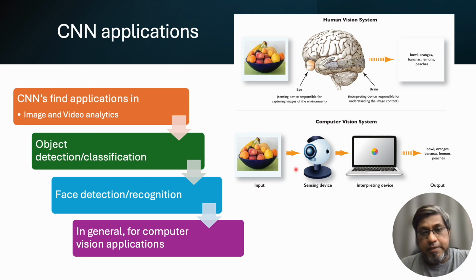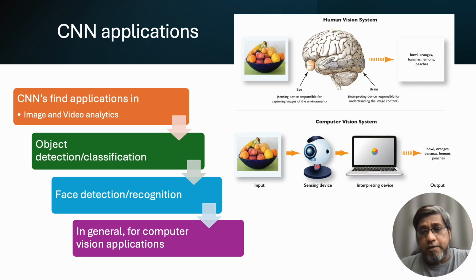Similarly, the objective of computer vision is to develop a system that can capture an image through a camera or any image sensing device for that matter, and then interpret the content of that image through some interpreting device, which could be a computer or a mobile phone or any edge device running the computer vision algorithms to process that input image and identify what the content of that input image is.